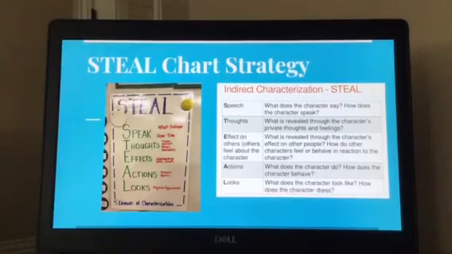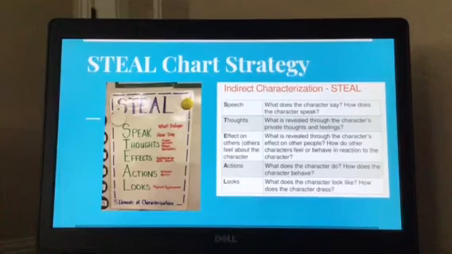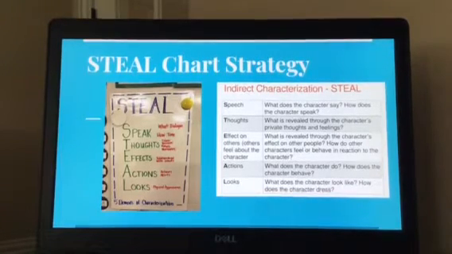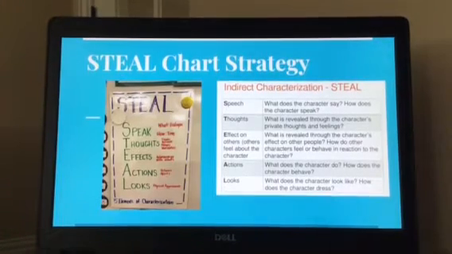Our STEEL chart is on the left-hand side. The right-hand side is the STEEL chart that we had just laminated in our classroom. This describes the S for speech, the T for thoughts, the E for effects, the A for actions, and the L for looks. This is all just a reminder.